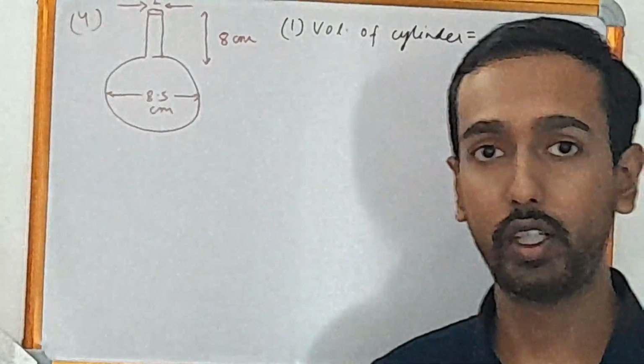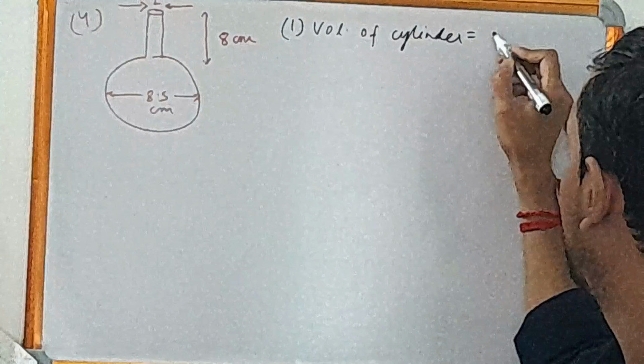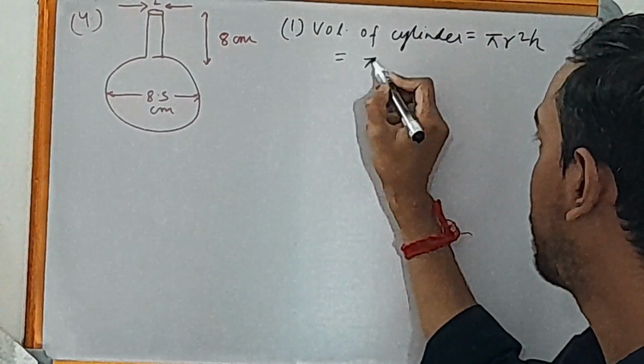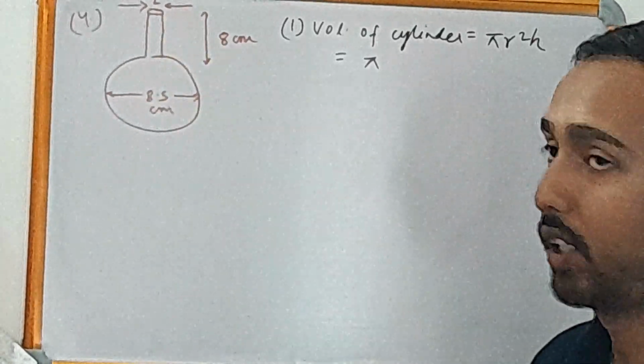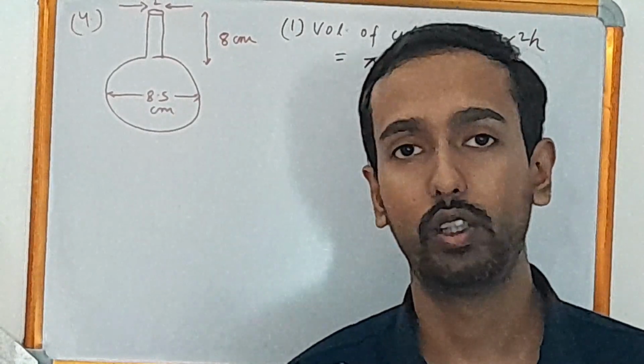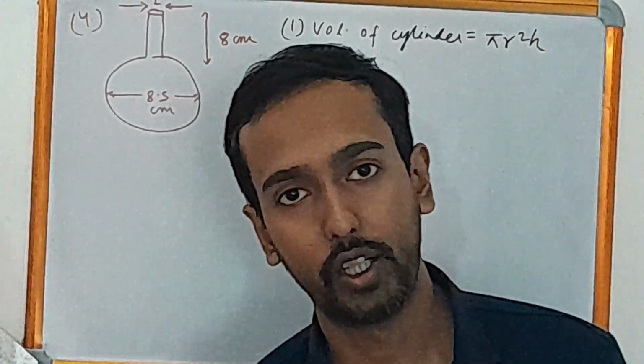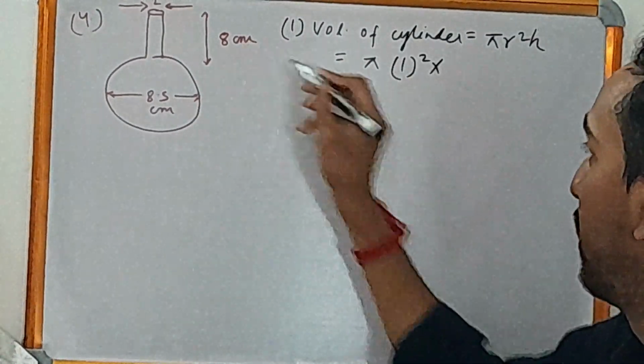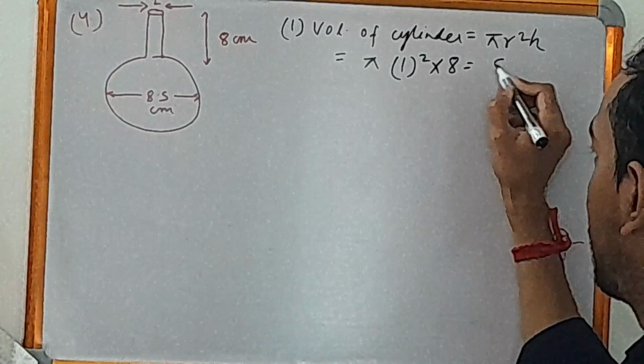You know that the volume of the cylinder is given by pi r square h. Let's keep pi as it is. Since the diameter of the base is 2 cm, the radius of the cylinder will be 1 cm, and the height is 8. So the answer will be 8 pi.